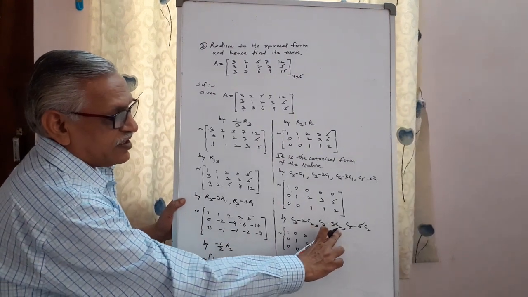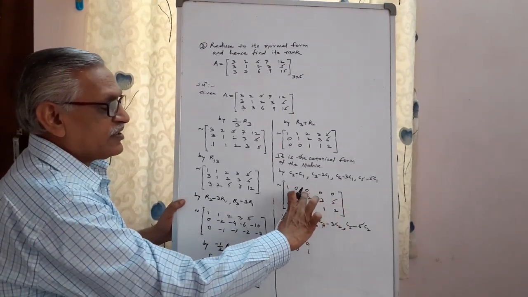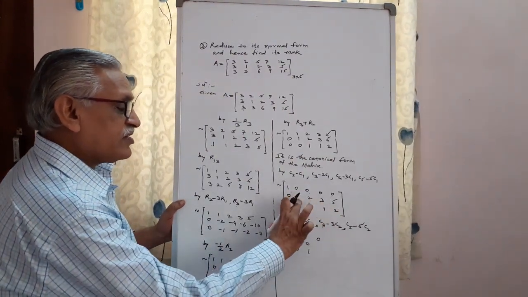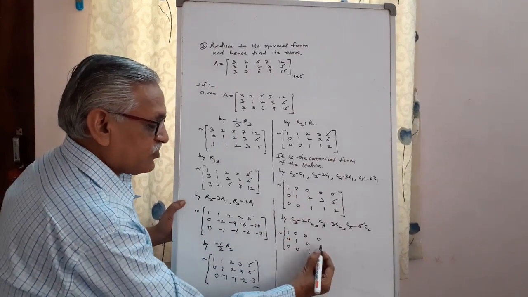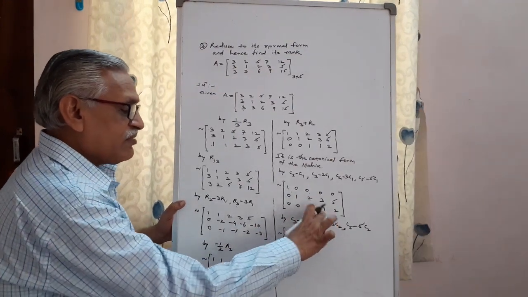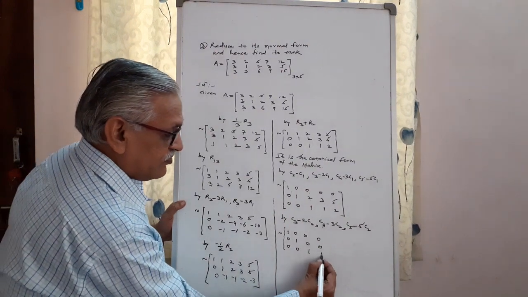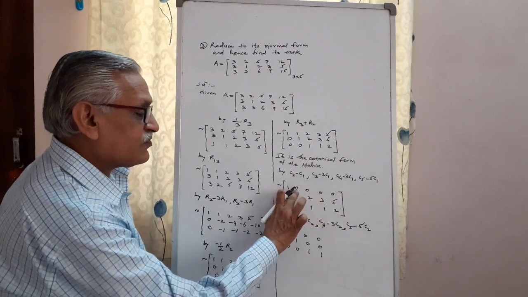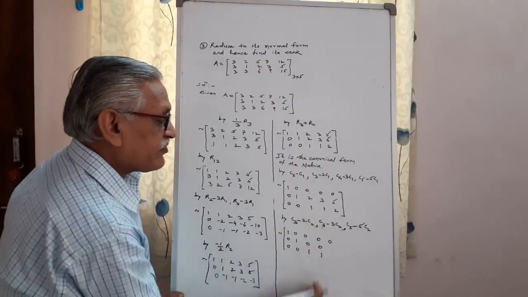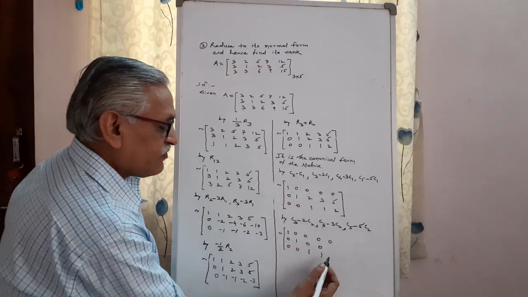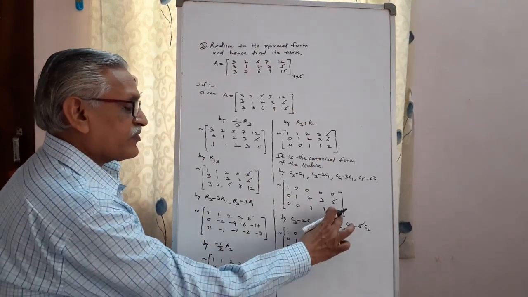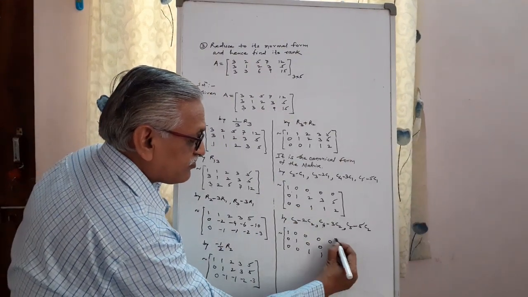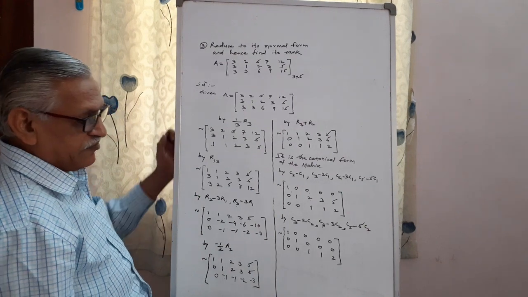Then C4 minus 3 times C2: 0 minus 3 times 0, 3 minus 3 times 1, 3 minus 3 we get 0 here, 1 minus 3 times 0 is 1. Then the last: 0 minus 5 times 0, 5 minus 5 times 1, 5 minus 5 we get 0, 2 minus 5 times 0, 2 minus 0, we get 2. Okay.